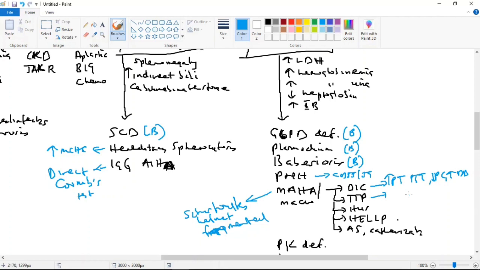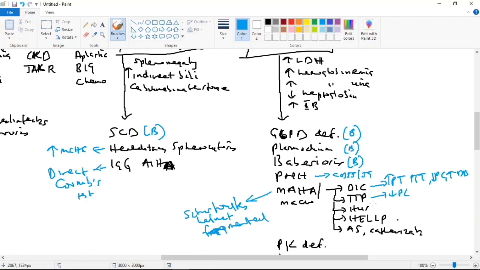So if ADAMTS13 is inhibited by antibodies, von Willebrand factor will accumulate, form multimers, which will activate platelets. These people usually have low platelet count, but they don't have abnormal coagulation factors. So PT, PTT, INR, D-dimer, all those things will be normal, but they have low platelet count, and they're going to have other features, right? Fever, renal involvement, neurologic symptoms, etc.